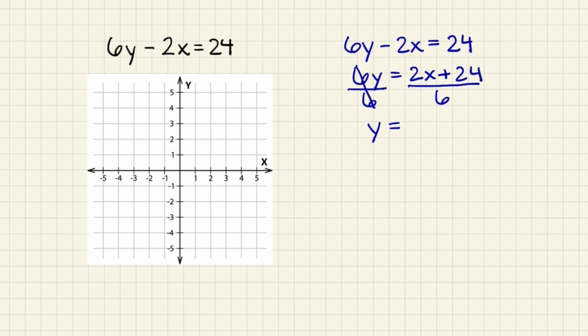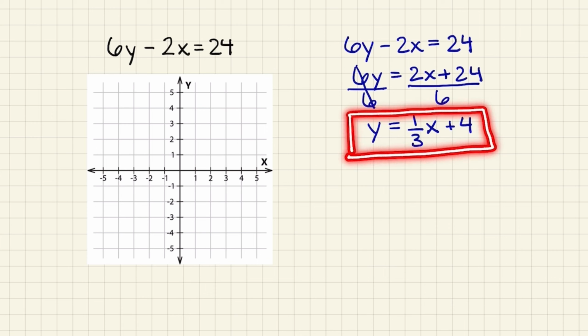And then we get y equals 2x divided by 6, which is 2 over 6x. That simplifies to 1/3x plus 24 divided by 6 gives us 4. So now we have our equation in slope-intercept form.